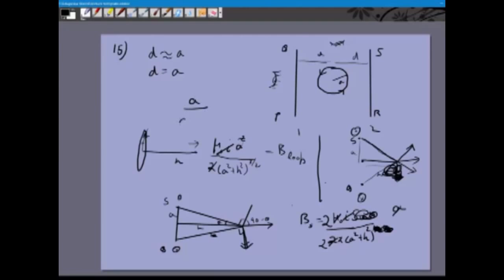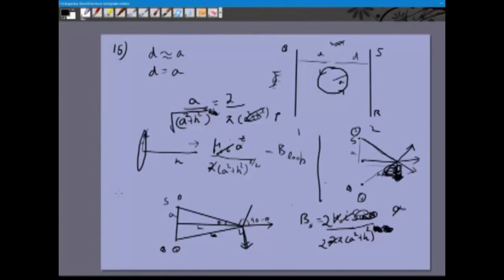Right. So what we are left with is mu naught I, A has been cancelled, which A is left. So A by (A square plus H square) to the power 3 by 2 is equal to 2 by pi into A square plus H square, no root, sorry. Right, so A square plus H square we can cancel, this will be this to the power 1 by 2 is 2 by pi.